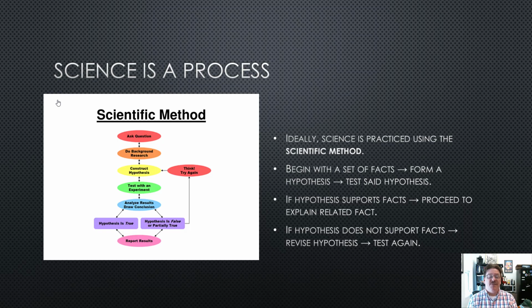So if you test your hypothesis and your findings show that yes, indeed, things fall because of their mass as opposed to their density, then you publish that result. You publish that positive result and basically move on.